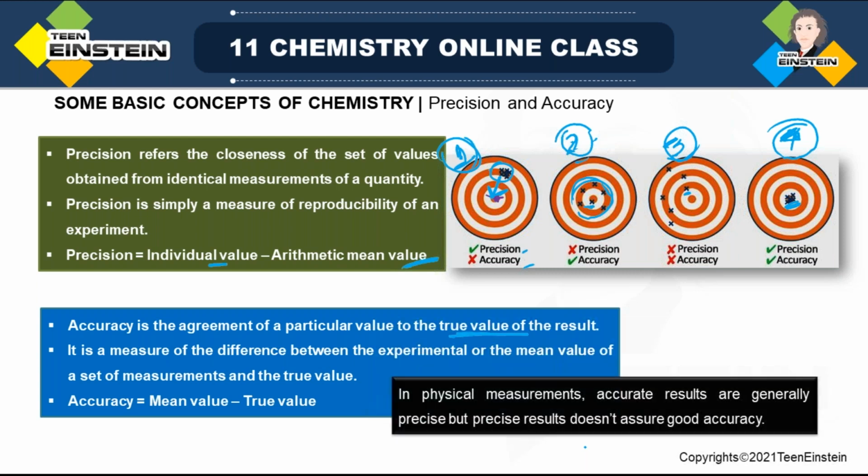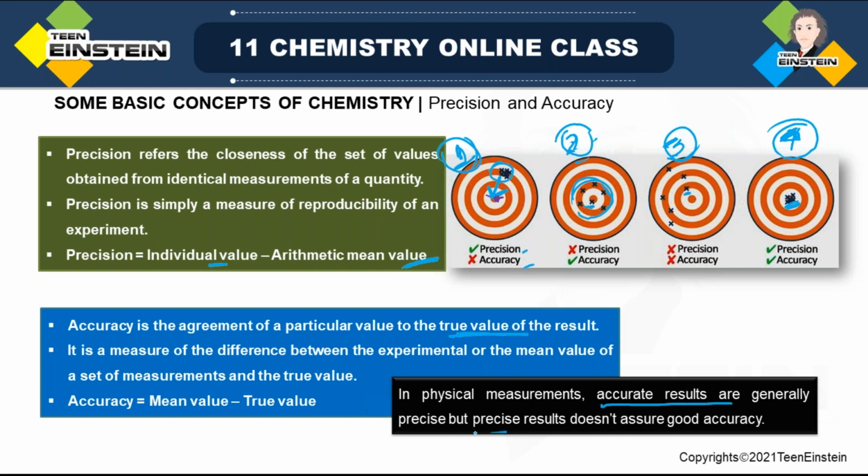But remember, in general in physical measurements, it is mostly observed that when you are getting accurate results, they are always precise. So whenever you are getting accurate results, that means the results are very close to the true value, so there is a high chance that it will be precise also, but the reverse is not true.